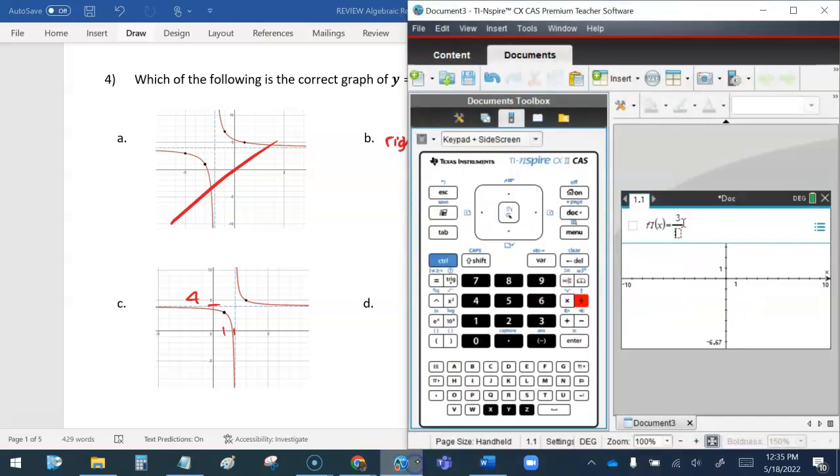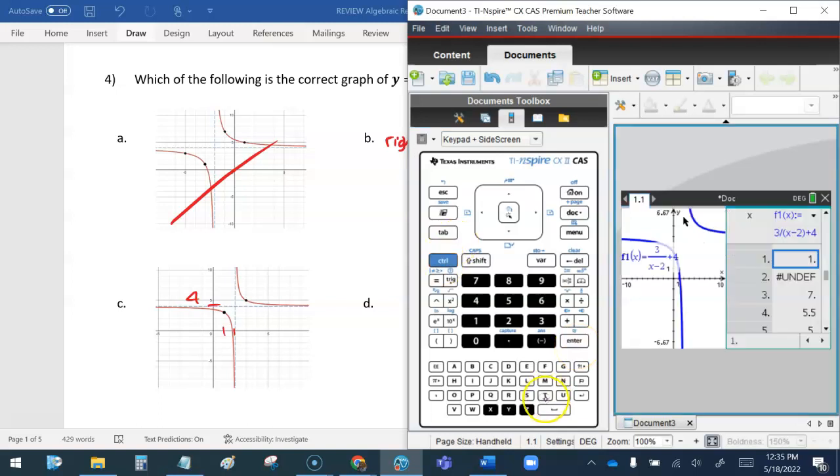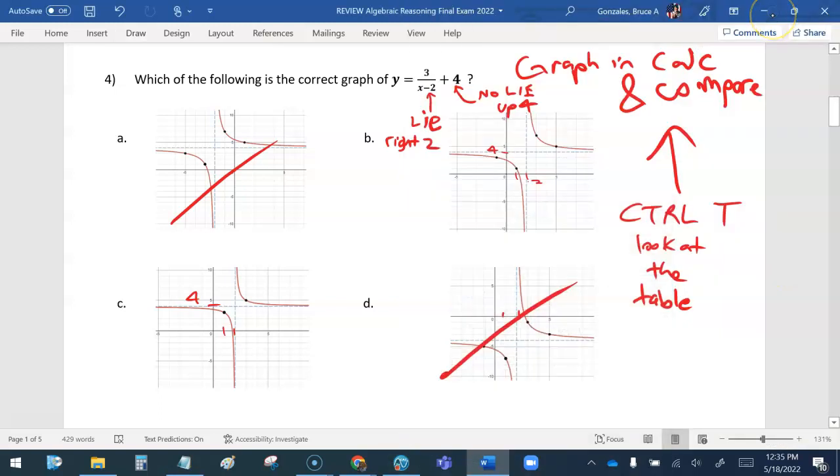So 3 over x minus 2, go to the right, plus 4. Okay, Control T. 1 should be out 1. So 1, 1, that's it. Letter C, 1, 3. That is not it. It's got to be letter B.